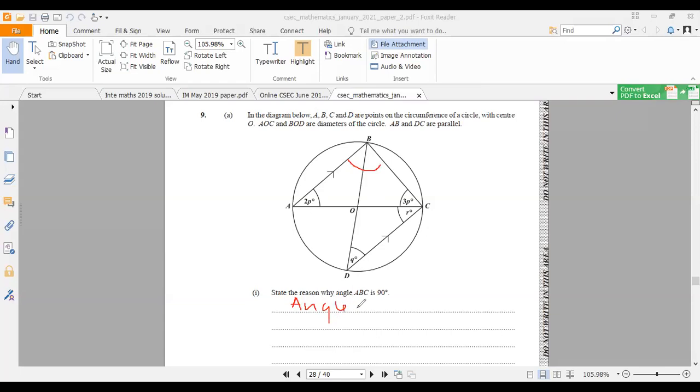Angle in a semicircle forms 90 degrees, right?